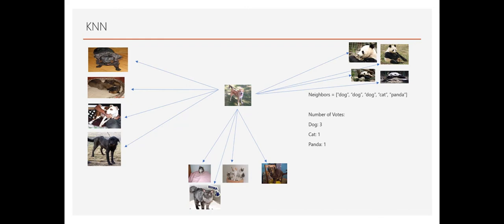Then, let's say the neighbor size is 5, you create the neighbors array based on the distance and sort them by distance. So you compute the 5 nearest neighbors based on their distance from the image under consideration.